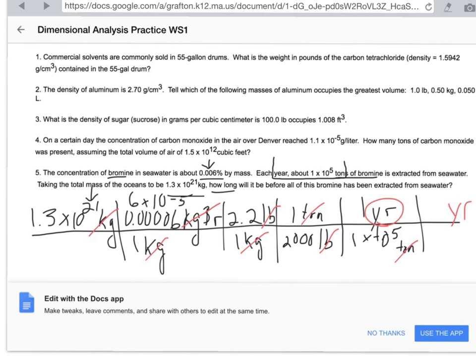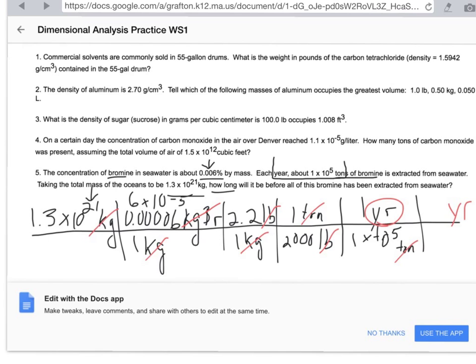So if we look at the first value, 1.3 times 10 to the 21st, if we multiply that by 6 times 10 to the negative 5th, 1.3 times 6 is going to give us 7.8. And then we add the exponents.